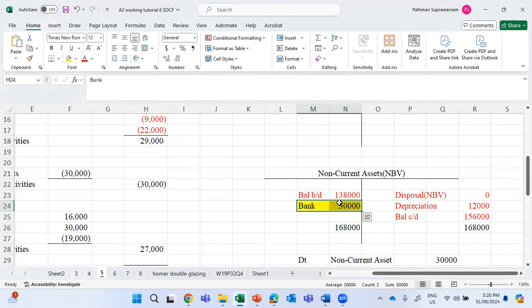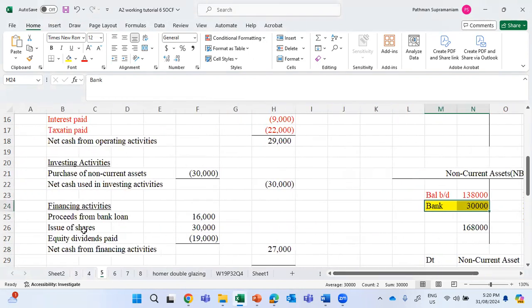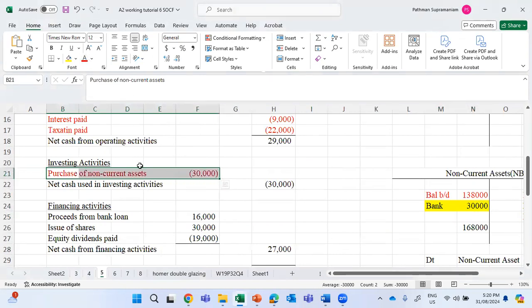Since you're debiting non-current asset, the double entry would be to credit cash or bank. And since you're crediting cash or bank, that's a cash outflow, so you show it as negative 30,000. Since there's no sale of non-current asset, this is the only item under investing activity, and there's no transactions on any long-term investment.